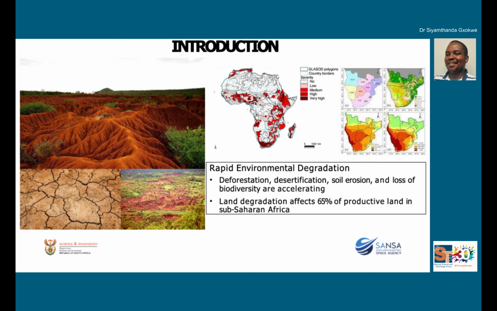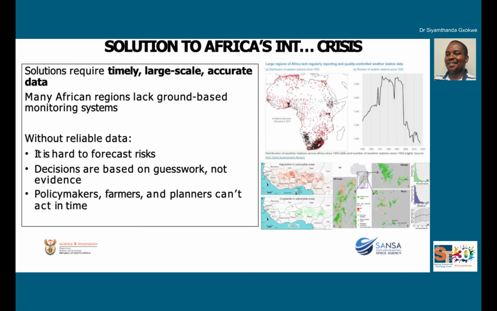As a result, we need timely solutions that are going to address these challenges at large spatial extent. For us to be able to do that, we need accurate data that would inform the solutions that we are going to come out with to address the issues we are facing in Africa.